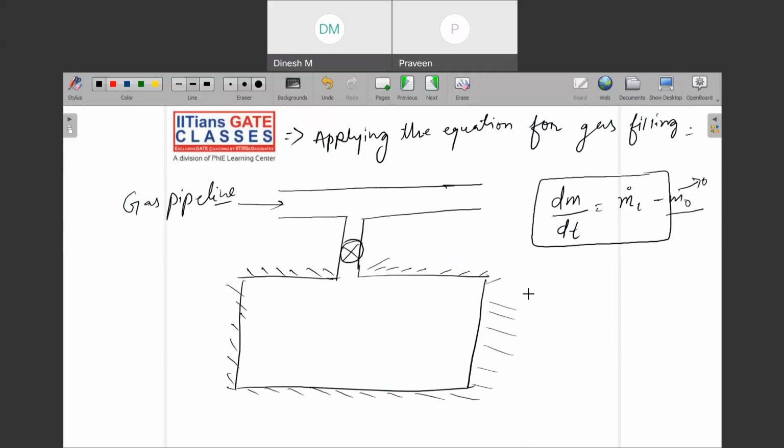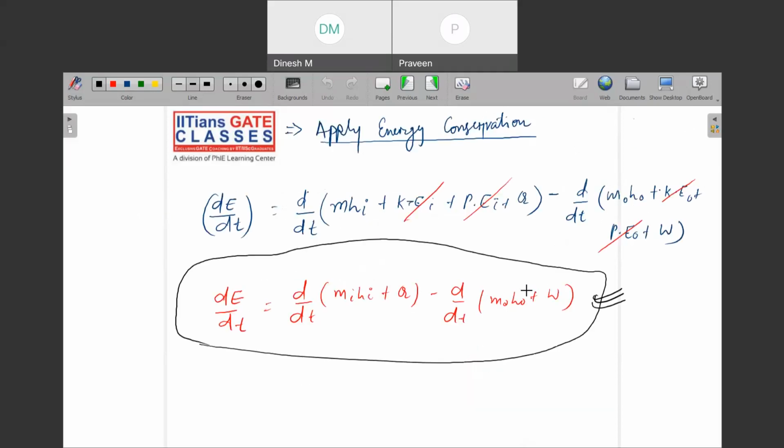And the second thing is dE upon dt. Let us go to this reduced one.